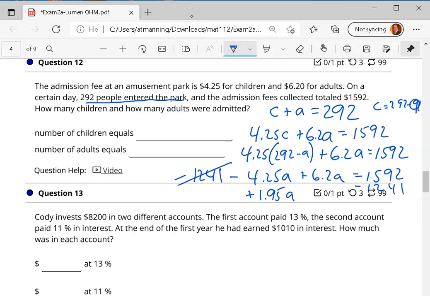And what do I get? 1.95a equals, subtract out 1241. I get 2 minus 1 is 1. 9 minus 4 is 5. 5 minus 2 is 3. And now calculate for a. A equals 351 divided by 1.95.